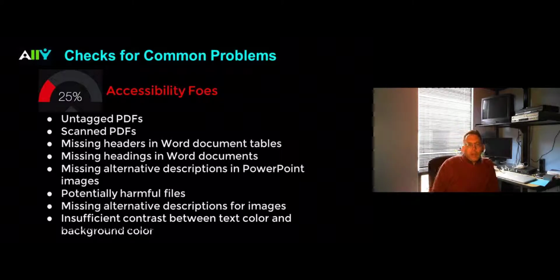Ally also, I just want to warn you, sometimes can give you false positives. So things like insufficient contrast between text color and background is often difficult for Ally to determine. So it may say that's a problem when it actually isn't. And I'll talk a little bit more about this once we get into the specific ways that you remediate PowerPoint and Word documents.